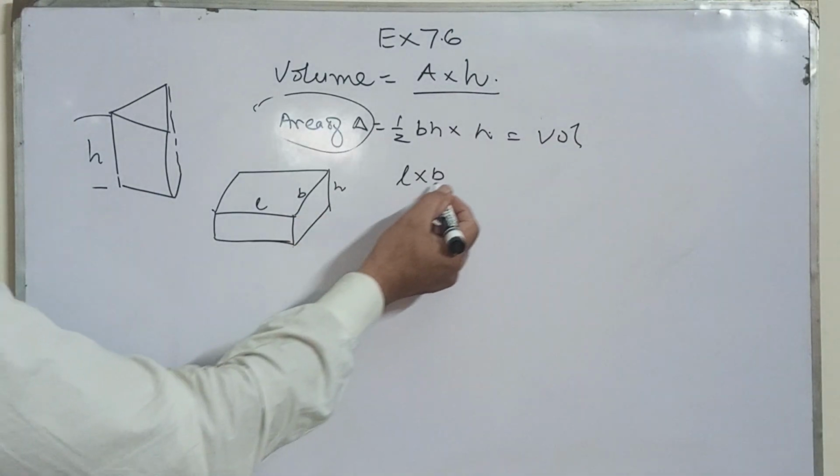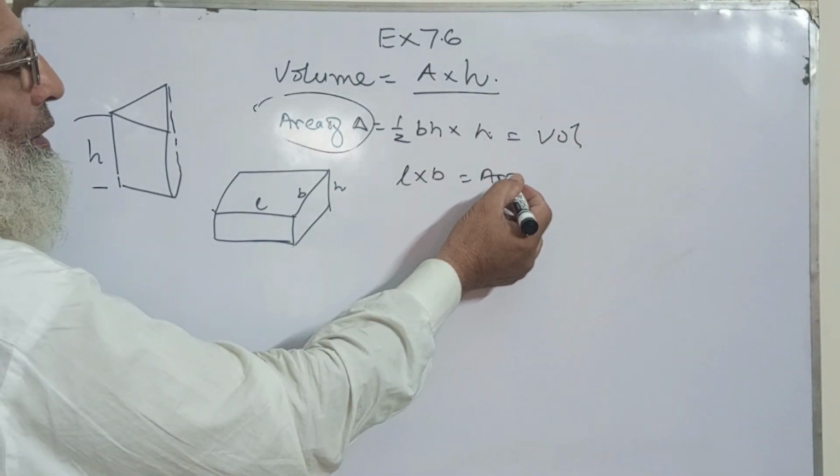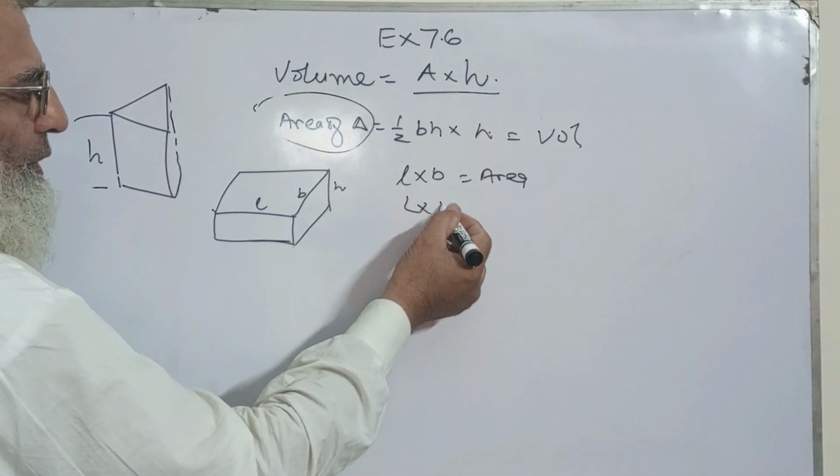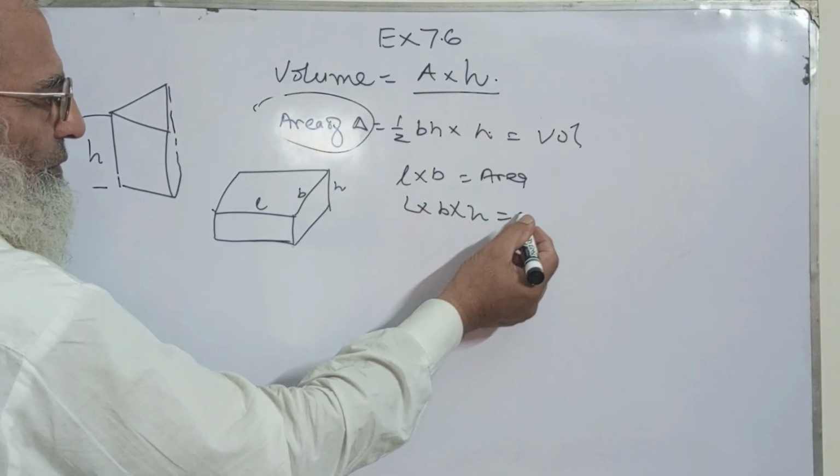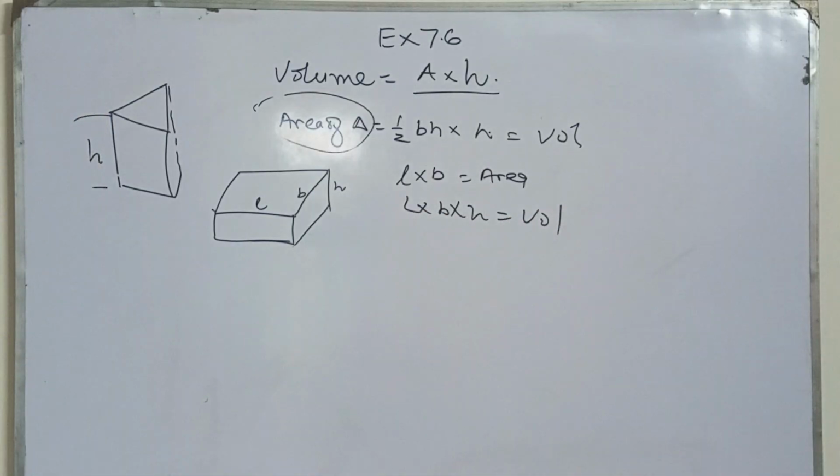L into B is equal to area, and if you multiply it with the third dimension, that is H, it will become volume. So we are going to do this exercise today.